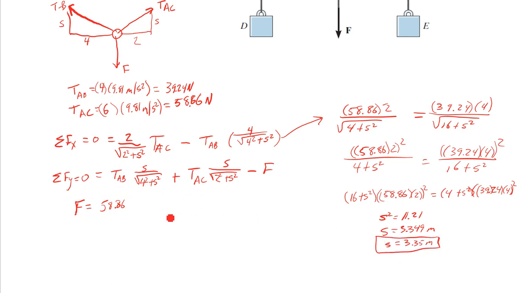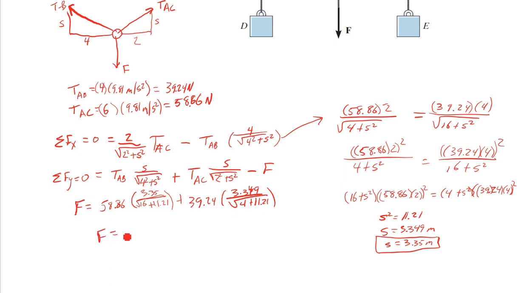Alright, now putting that back in over here, I get 58.86 times 3.35 over the square root of 4 plus 11.21, plus 39.24 times 3.349 over the square root of 16 plus 11.21.